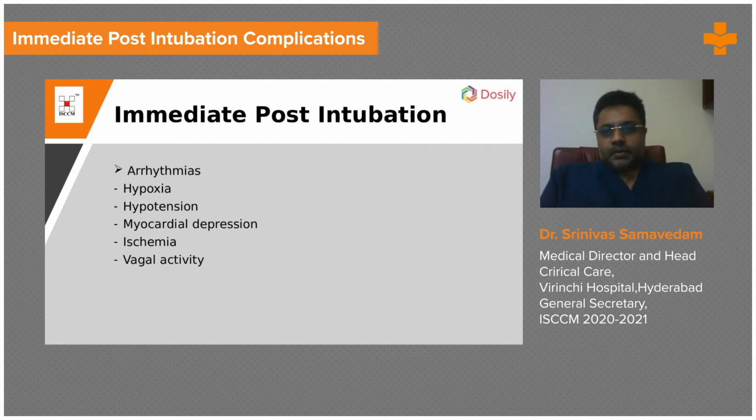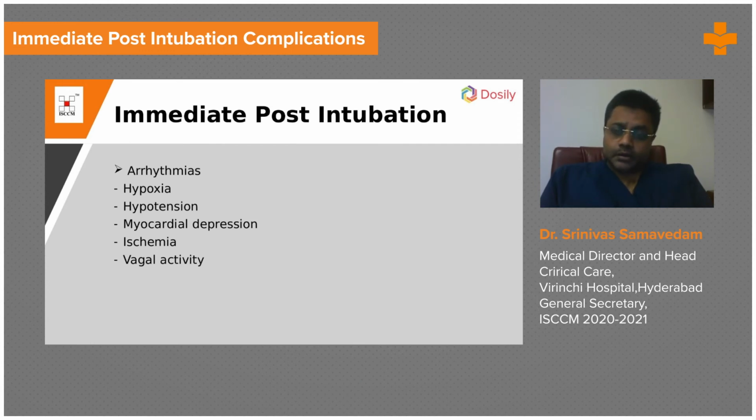The other problem which most of you who have intubated would have noticed is a change in the cardiac rhythm. Arrhythmias are common after intubation in a sick, critically ill, hypoxemic patient, especially in a COVID scenario, where we have learned and seen that these patients can have myocardial involvement. These patients can have a cytokine storm. These patients can have coronary insufficiency.